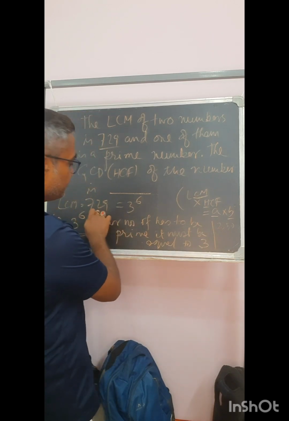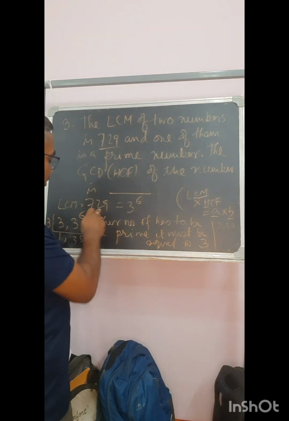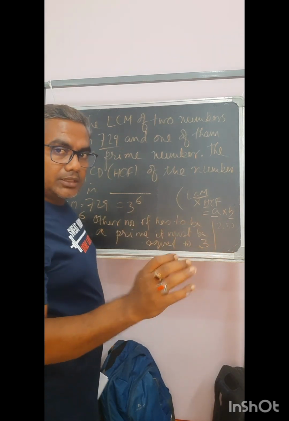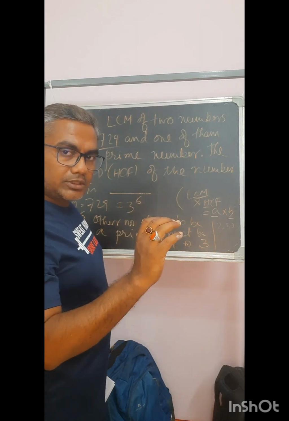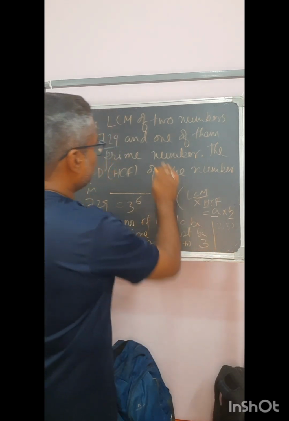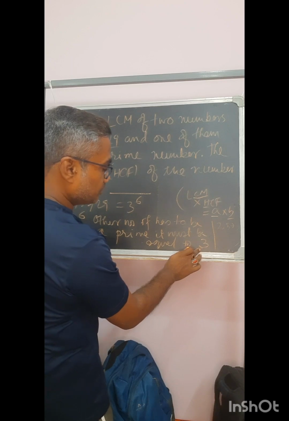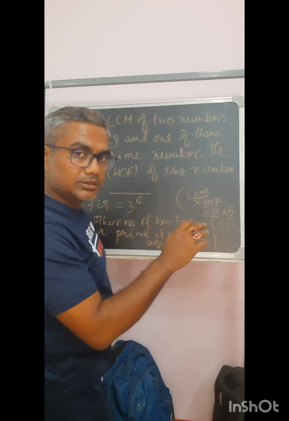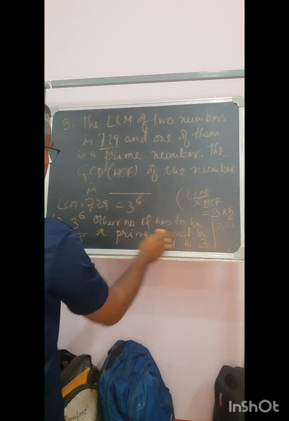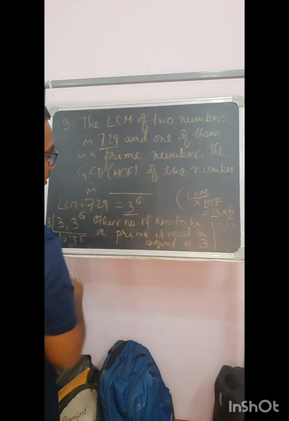Only one factor is coming for this LCM, so this is only possible when it is combined with another number having only 3 as a factor. And if it is a prime number, the only possibility is 3 to the power 1.